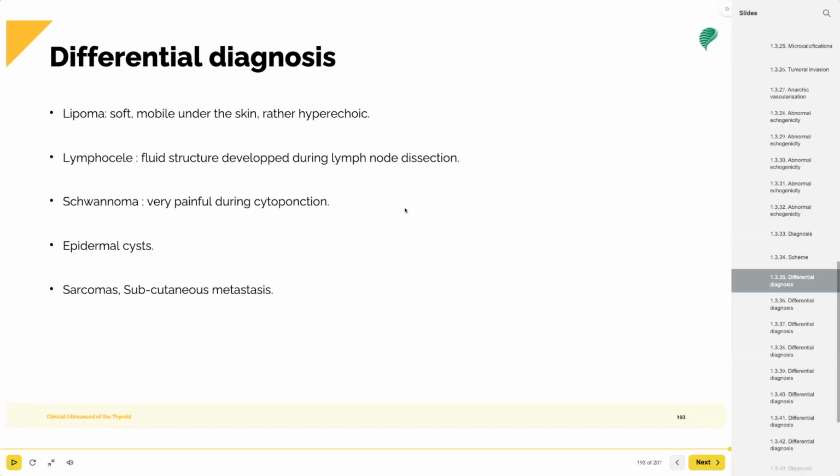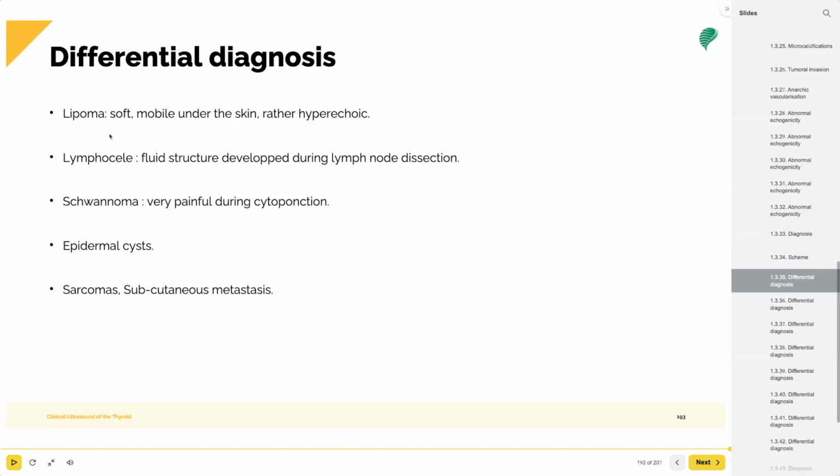For the differential diagnosis, sometimes lipomas are found right under the skin. They're mobile and they can be mistaken for a lymph node. A lymphocele, which is a fluid-filled structure, can develop during lymph node dissection surgeries or trauma.